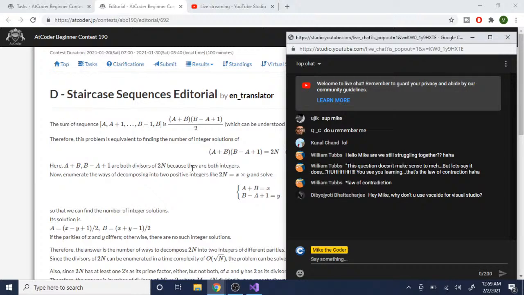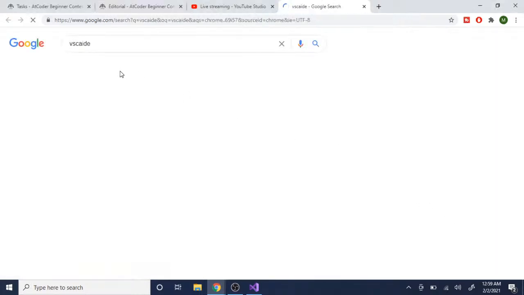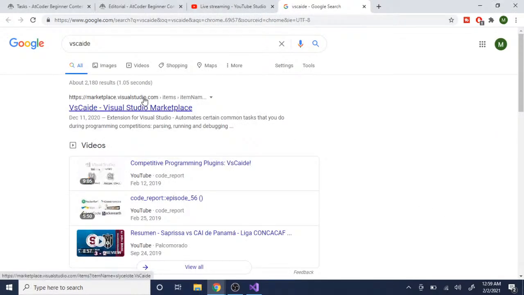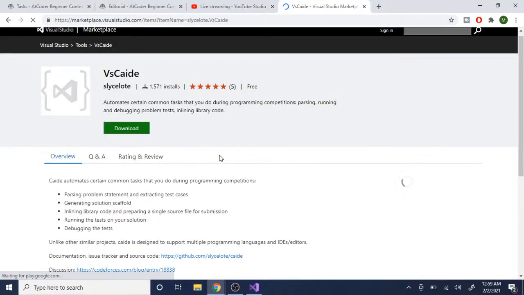Do I use Viscade for Visual Studio? What is that? What's Viscade? I don't know what that is. It's an extension that you use during programming.